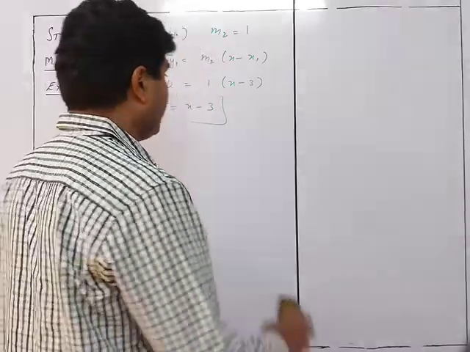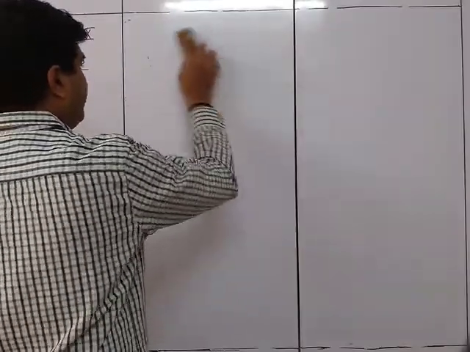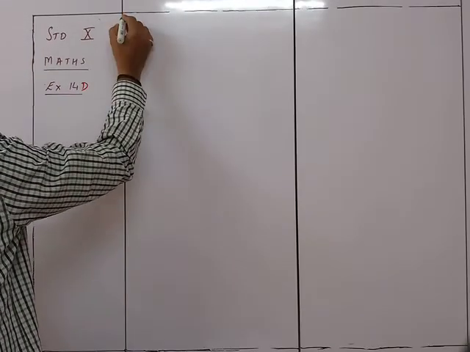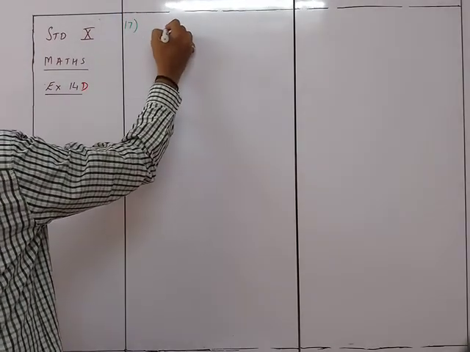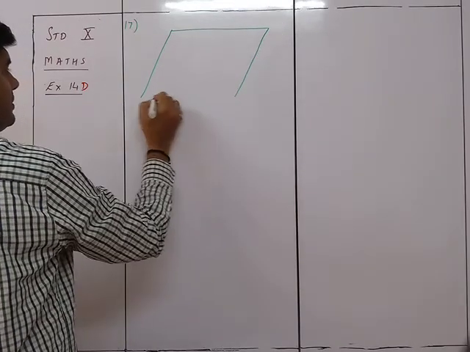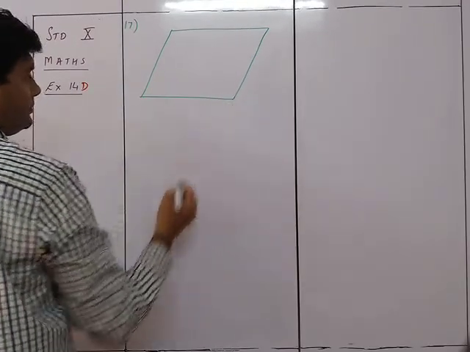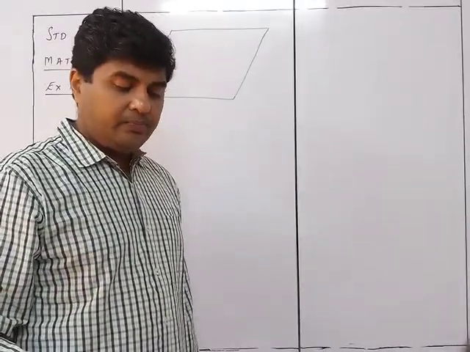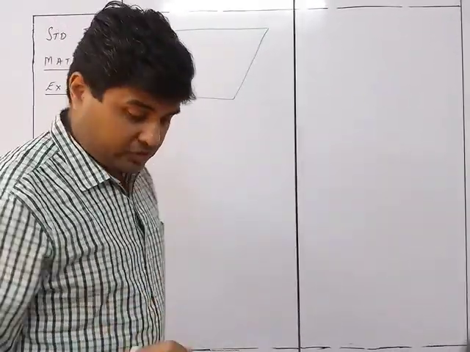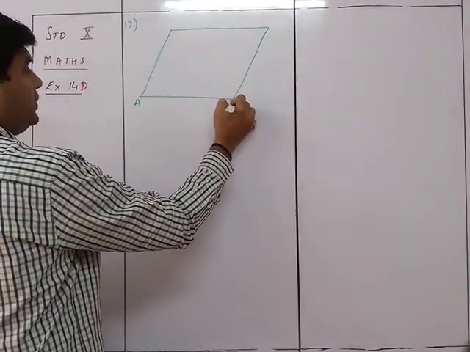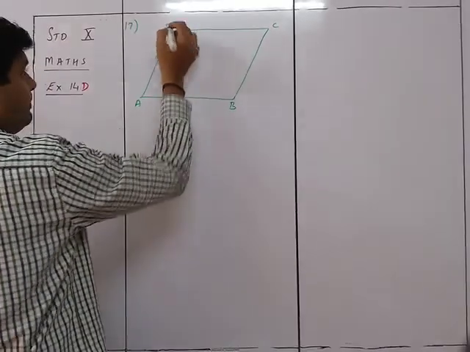Okay, that's a big sum, so I'll read the full page. Sum number 17. You got a rhombus. Now in this particular sum, we will be using the properties of the rhombus. So be attentive about that part, because what is going to be used over here is very important.